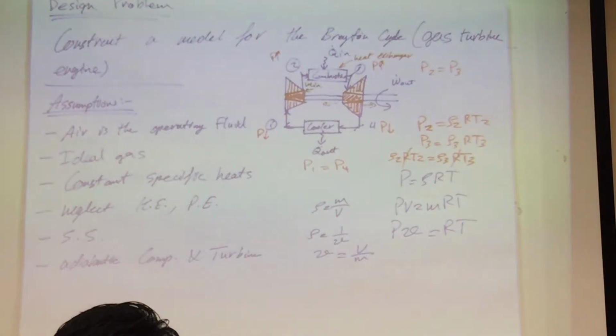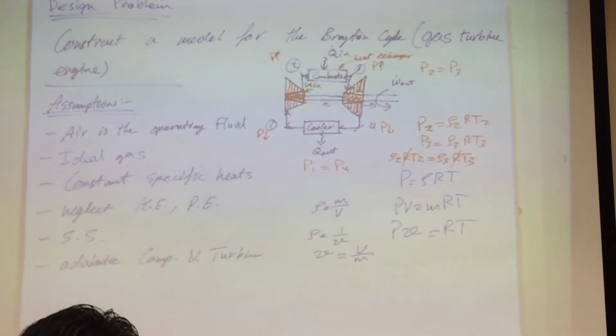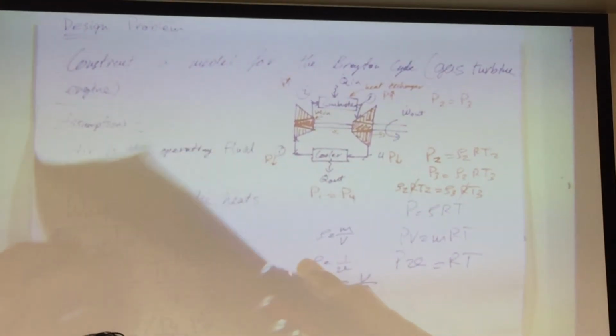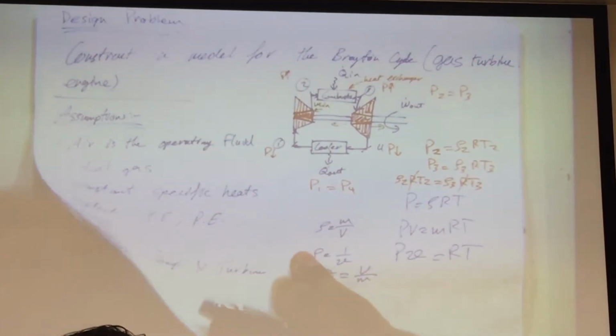So how do I add that heat? Once I know the mixture composition that I have, how do I go and burn it? So that's what the couple lectures or so are going to be on. So we'll start first with gas mixtures, so you understand why we are doing what we're going to be doing.